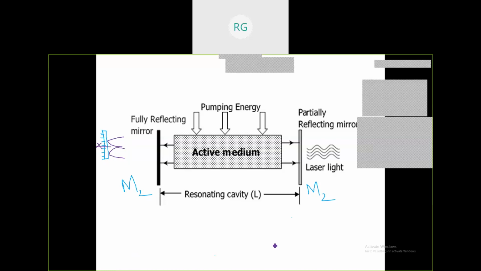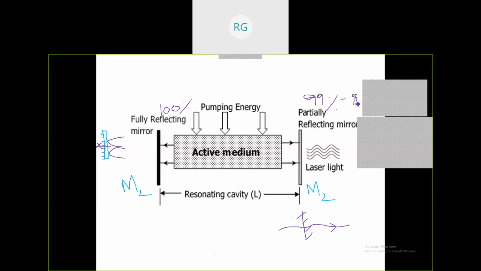But if I take this mirror, which is lightly coated, it gives the light out of it. So we have a fully reflecting mirror and a partially reflecting mirror, meaning this is 100% reflection and this is 99 or say 95% reflection.